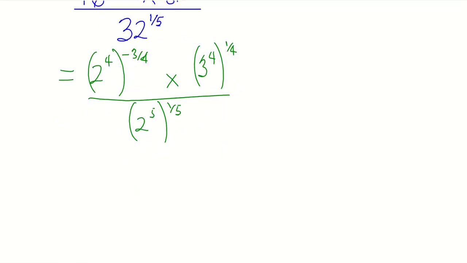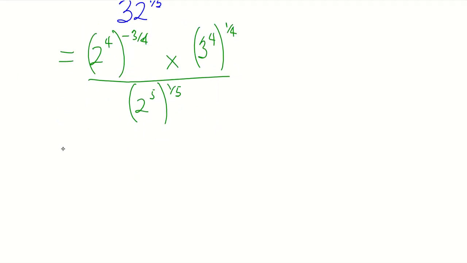And so we continue, and at this point we just multiply the exponents. So we have 2. Now 4 times negative 3 out of 4 is the same thing as negative 3, because this 4 we take off this 4. So we have negative 3 times, so when this cancels that, then we have 1 here.